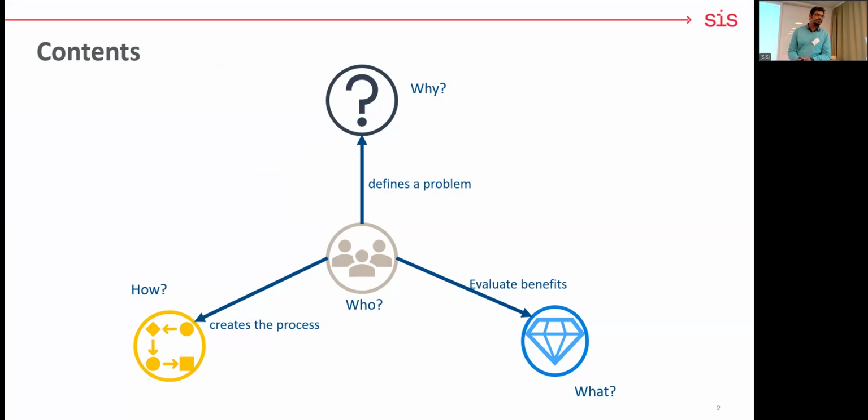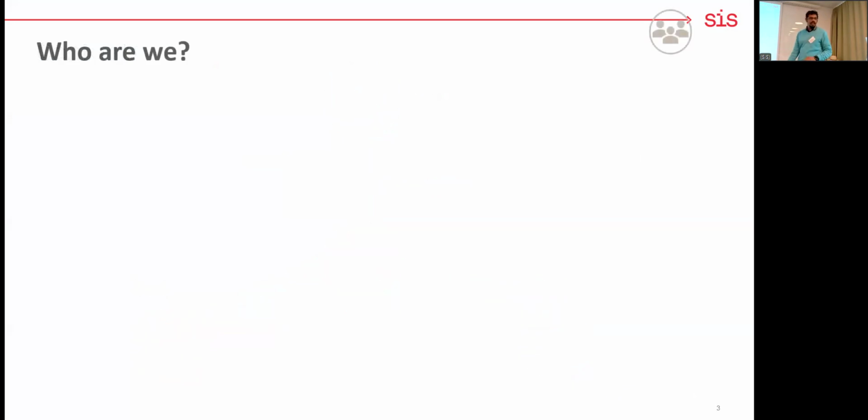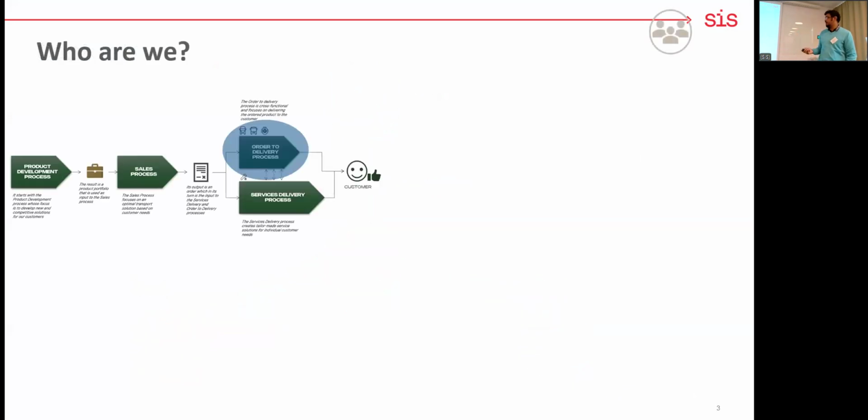So who we are, why we are doing it, how we want to do it, and what the benefits are. Scania is a very big company. It has various life cycle stages.